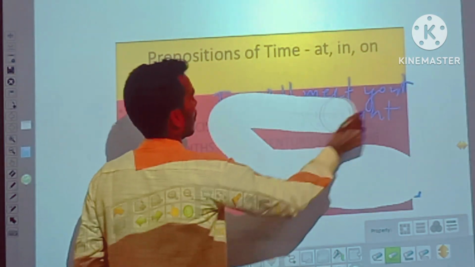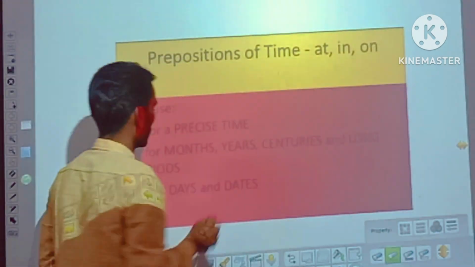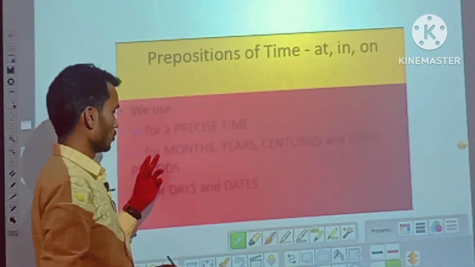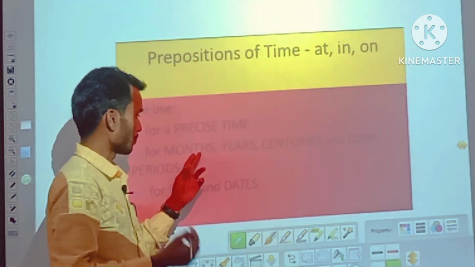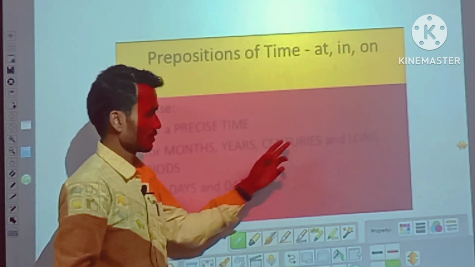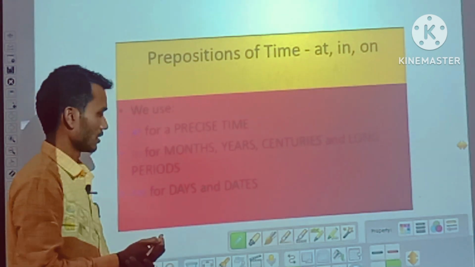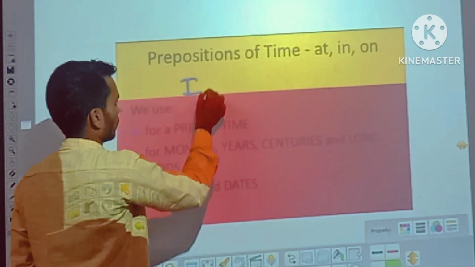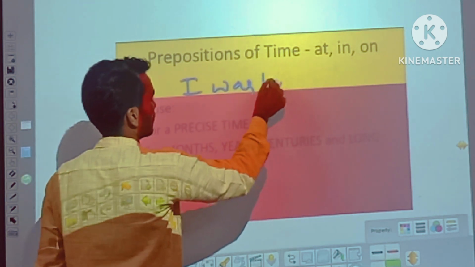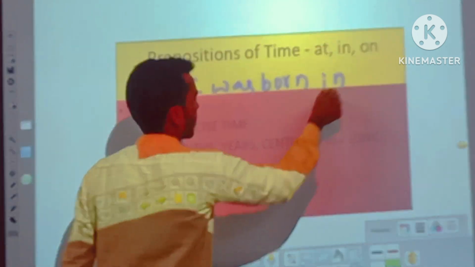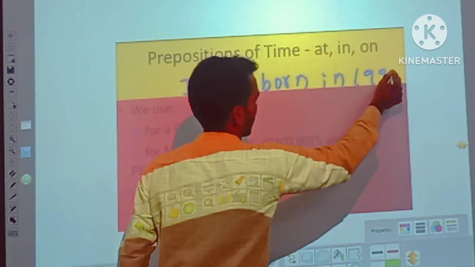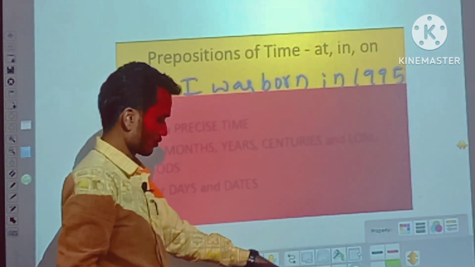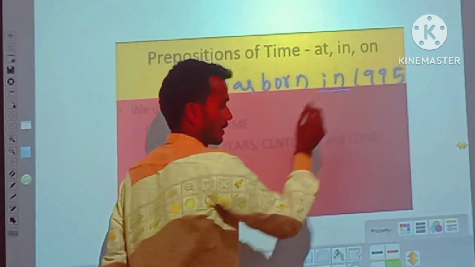So then we have another preposition, that is in, where we should use this in. In is used when we are going to tell months, years, centuries and long periods, right? For example, I was born in 1995. Here, when we are going to tell the year, we should use in, right?